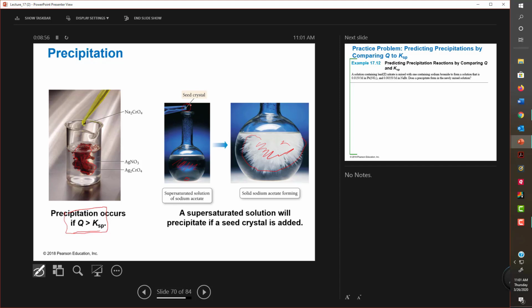So what are the ways to oomph it? You add a seed crystal, or you can take a glass stirring rod and kind of scratch the inside surface of the glass, and it'll cause a crystal to form there. Then all of a sudden it'll precipitate out. It's kind of a neat thing. I would encourage you to look at a couple of videos on YouTube to see what that looks like.